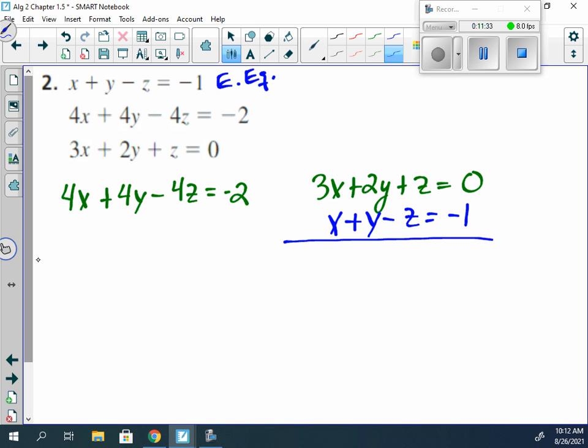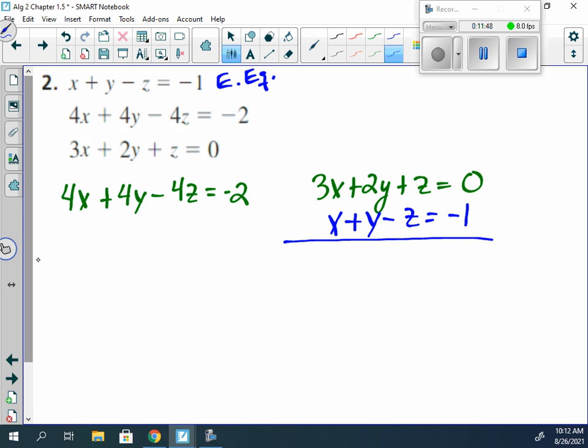Now, because the z's are already the same, they have 1 in front of them. The sign, I don't really care, because we'll take care of that with our addition or subtraction. So we can go on and do this first. We'll worry about the other one here in a minute.